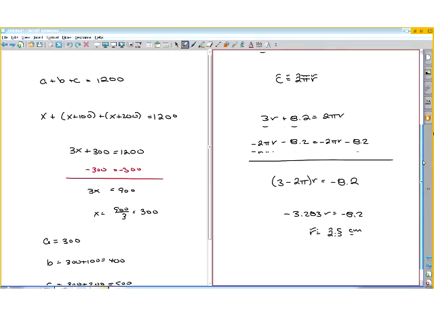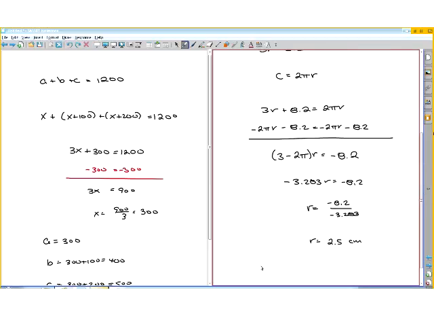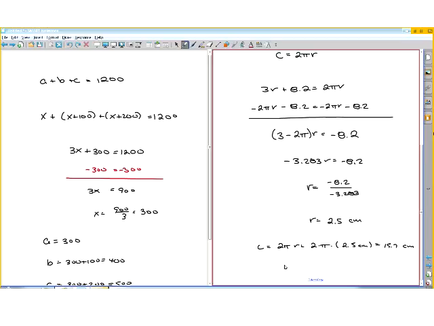So let's just double check. So the circumference is going to be 2 pi r. So we get 2 times pi times 2.5. 2 times 2.5 times pi is 15.7 centimeters.